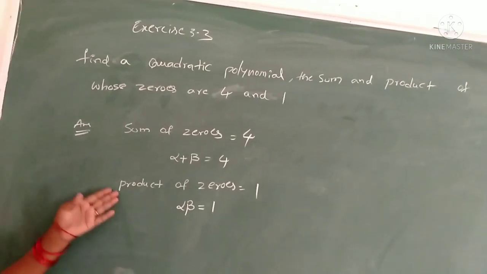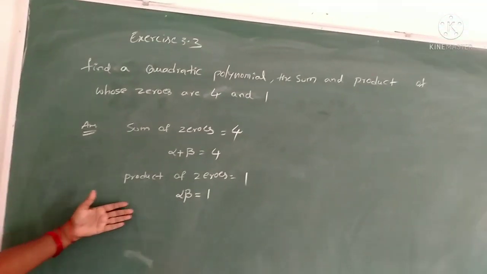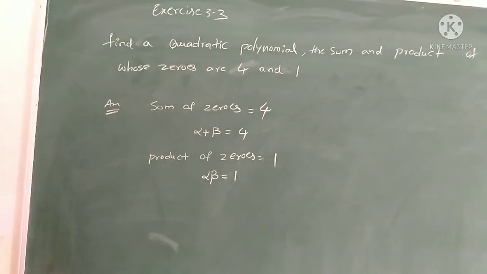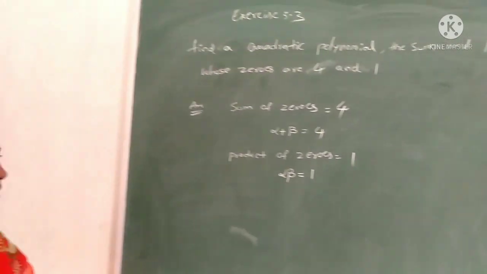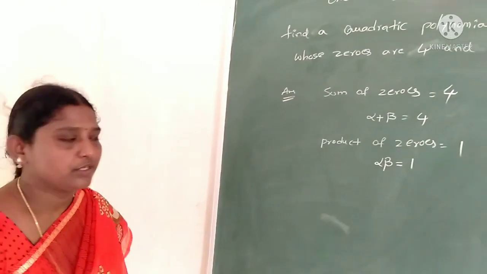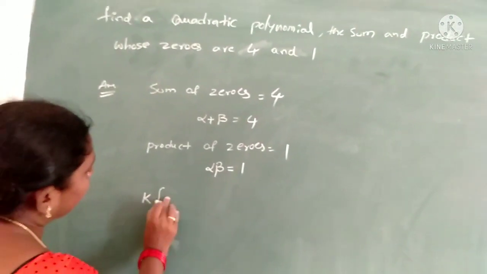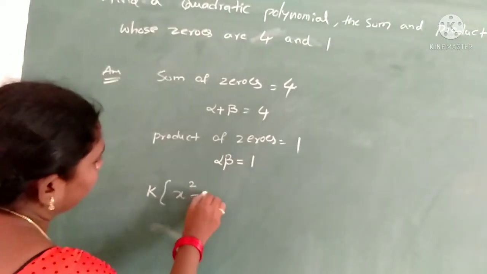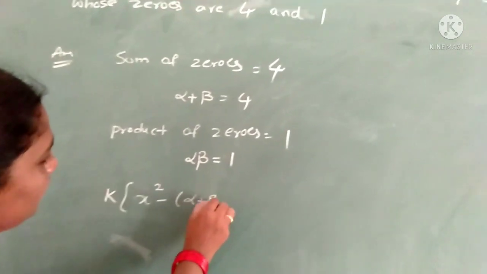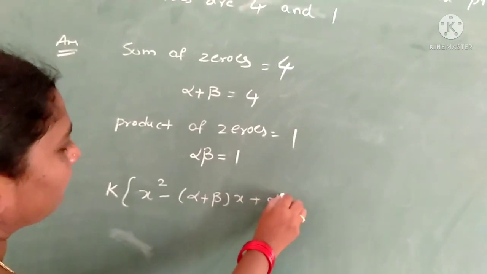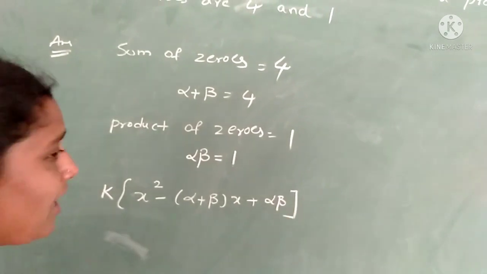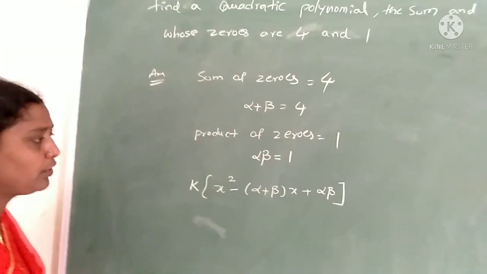We know alpha plus beta equals 4 and alpha beta equals 1. What is the quadratic polynomial when we know the zeros? The polynomial is k into x square minus alpha plus beta into x plus alpha beta.